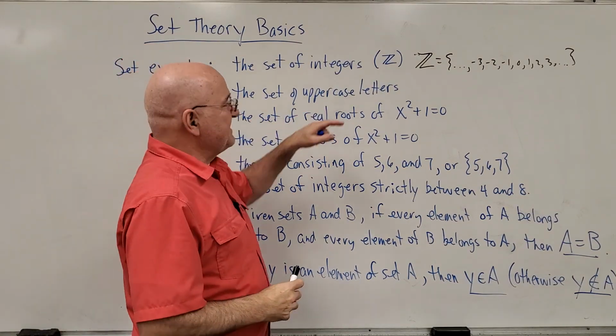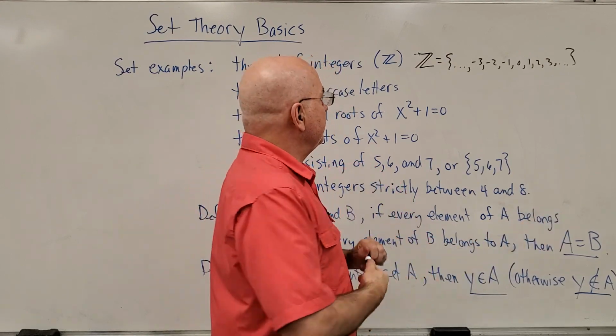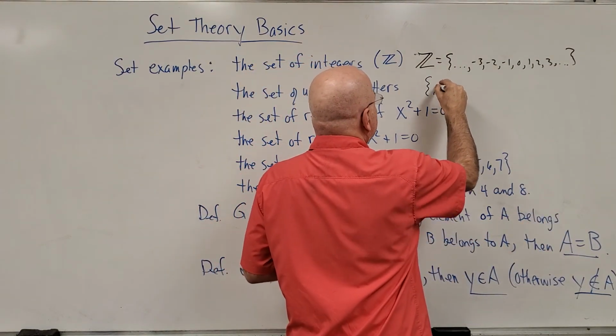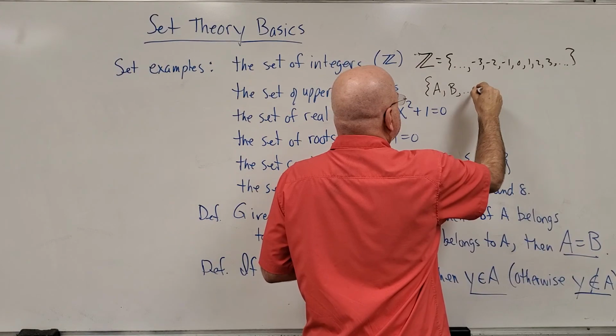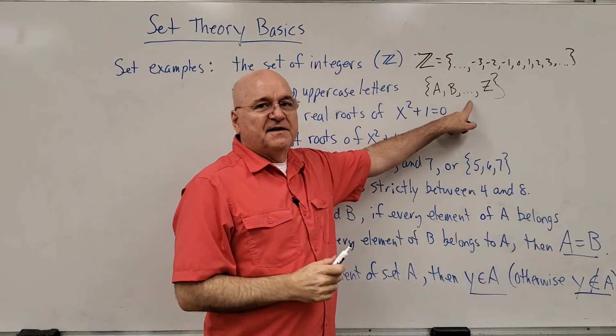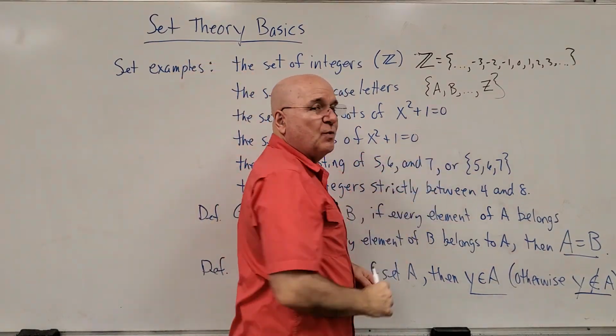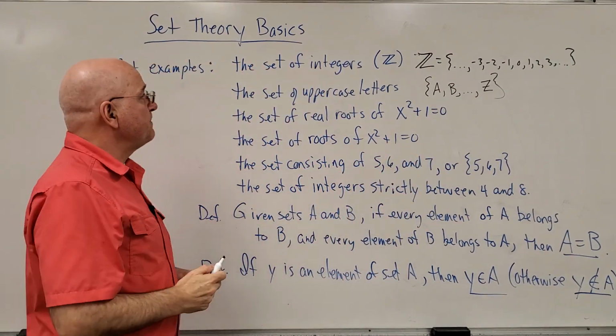The set of uppercase letters would be capital A, capital B, all the way to Z. We could write that like this. The dot, dot, dot, obviously the ellipsis, just means continue the set. So this contains 26 elements.